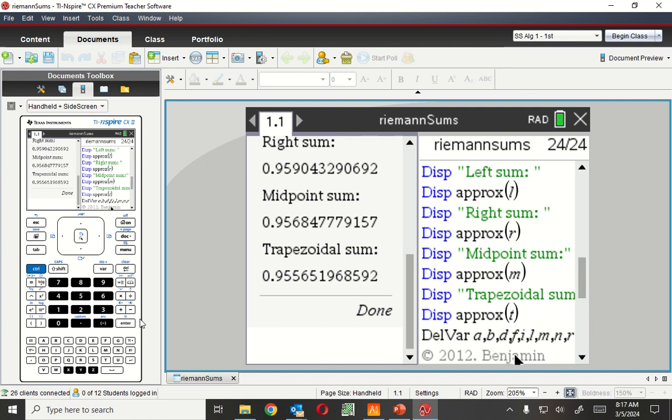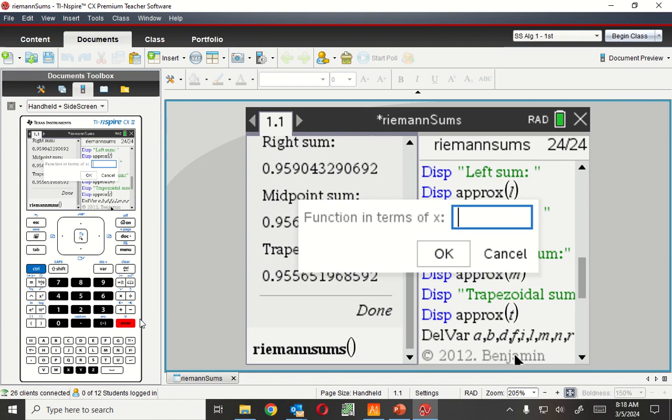So I'm going to do the Riemann sum. Just open up the program by typing it in, RIEMANNSUMS.